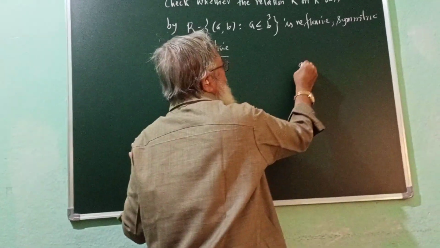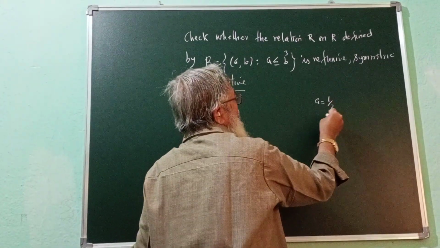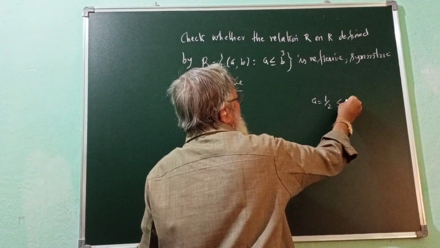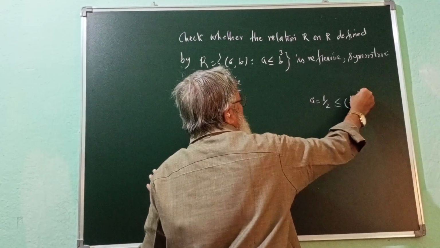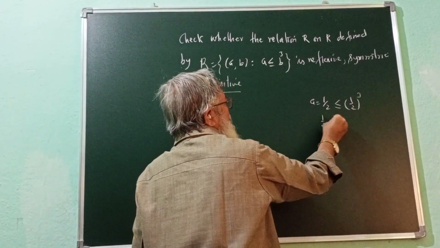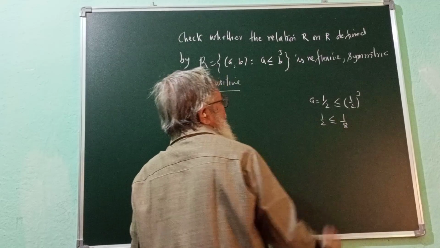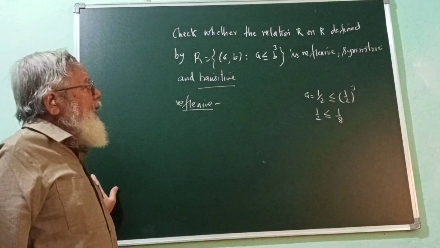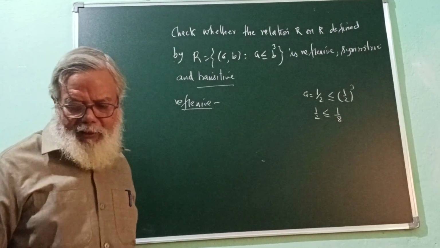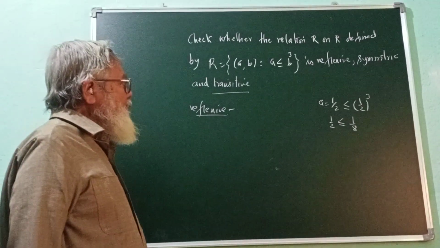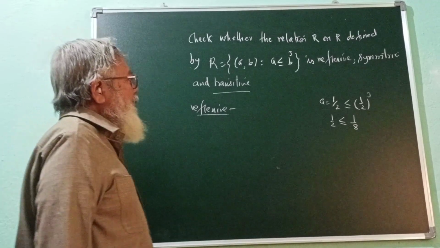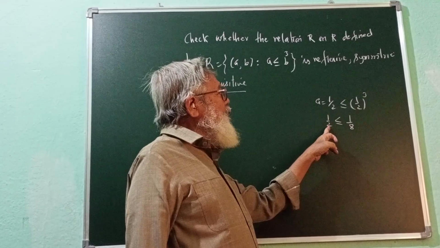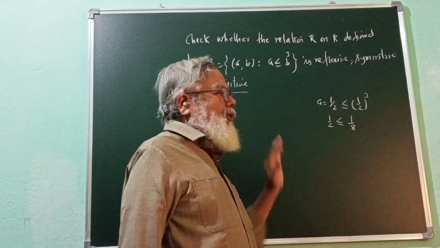If you take a equal to 1/2, then is 1/2 less than or equal to (1/2) cubed, that is 1/8? That is not true, because 1/2 is greater than 1/8. Instead we are getting 1/2 less than or equal to 1/8, which is not true.